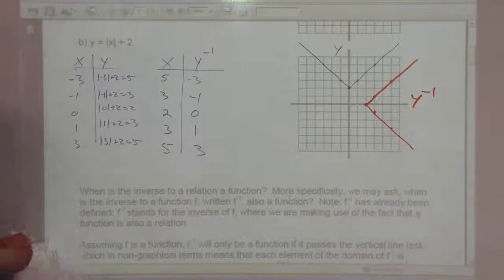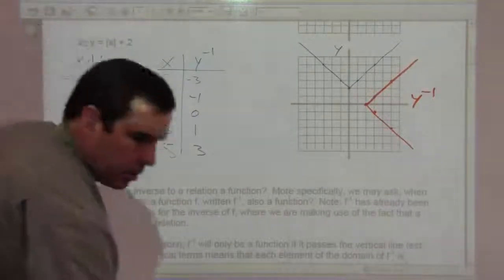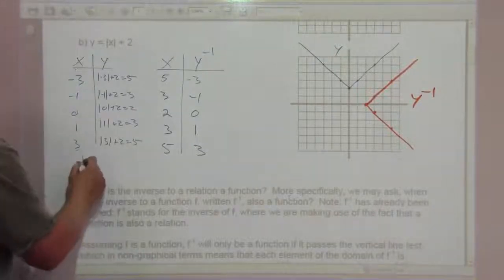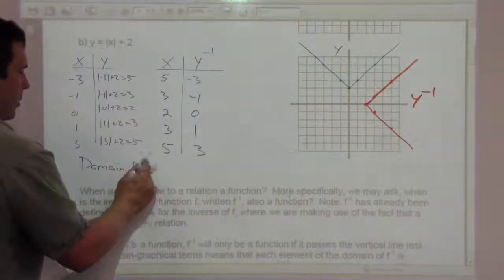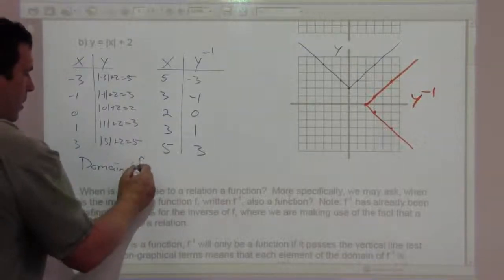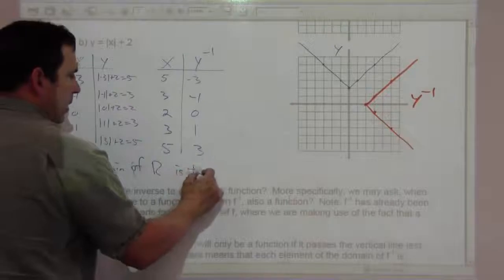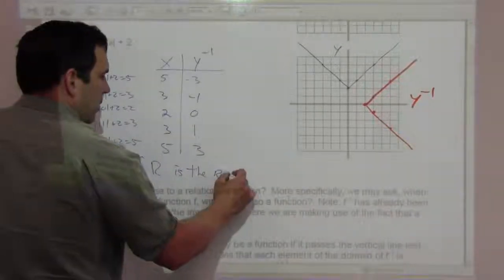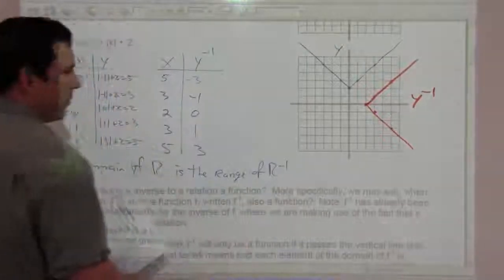So in this, I want to point out that the domain of the original relation R is the range of R inverse.